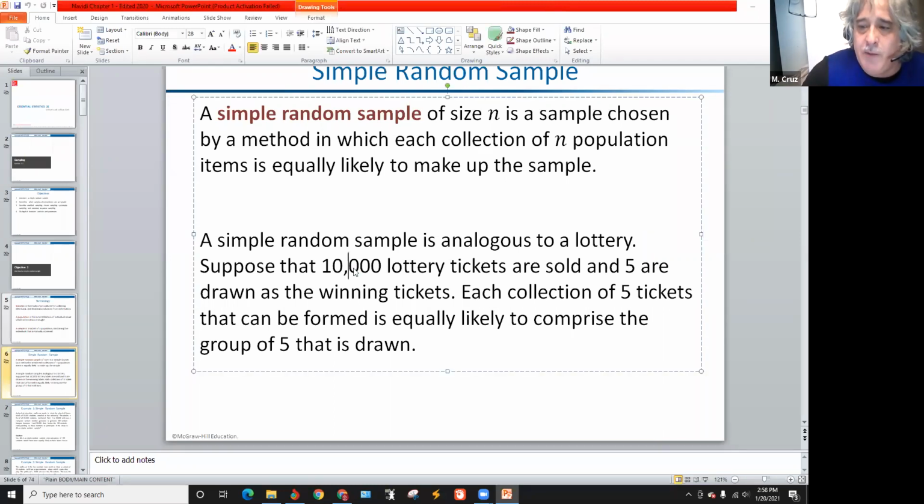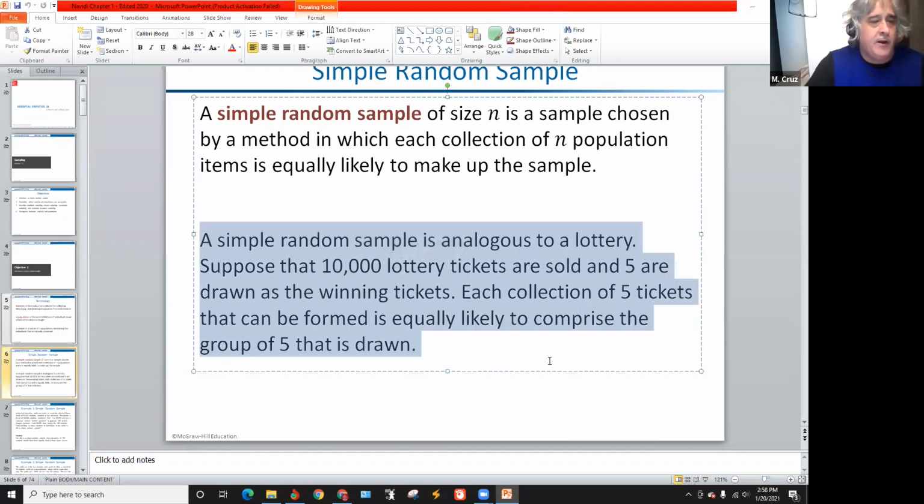The best way to describe a simple random sample is with the idea of a lottery. Most people know about that. If 5 tickets are sold, you would want the numbers picked to not be biased in any way.